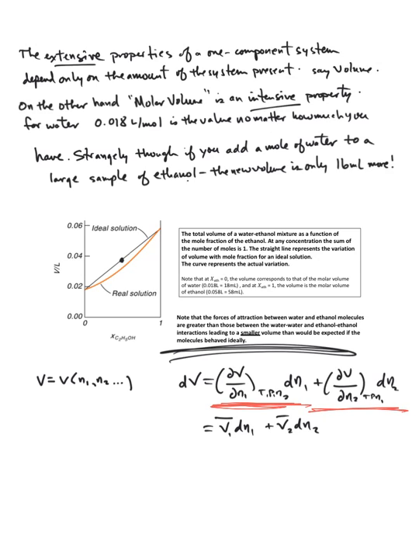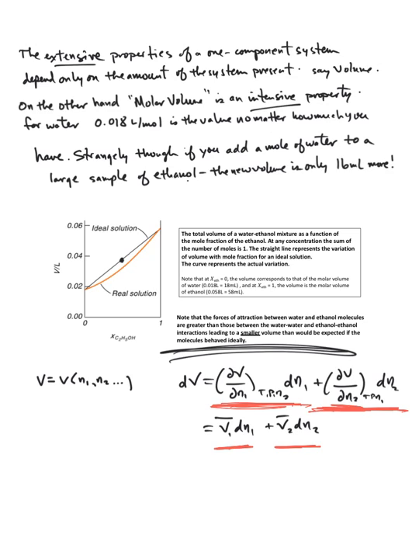The first term is the relationship between the volume and component 1 times the amount of n that's added. The change in the volume overall, based on any addition of component 2, is its rate of change, which you could think of in the parentheses, times how much you add. Or in other words, this is the partial molar volume due to component 1 times its amount added, plus the partial molar volume due to component 2 times its amount added.